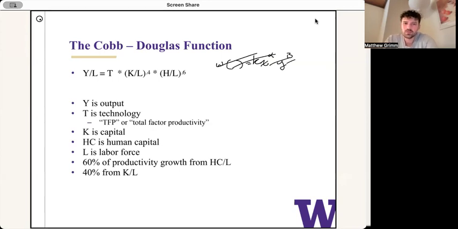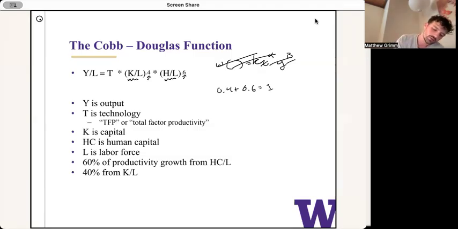The key defining factor of this production function is that your two inputs are multiplied by each other. They're both raised to an exponent, and we generally like the exponents to sum to 1. So as you can see, we have 0.4 plus 0.6 equals 1.